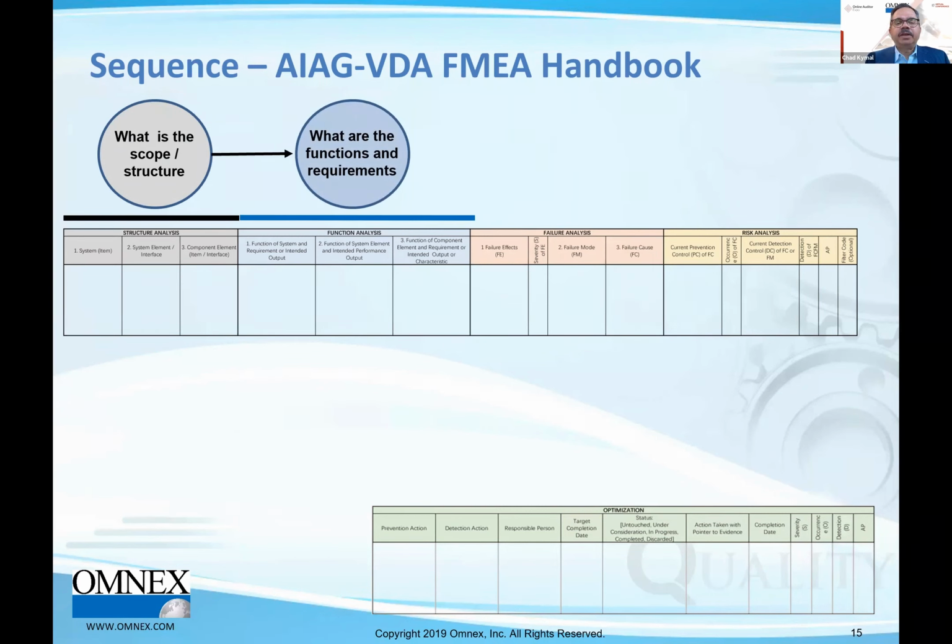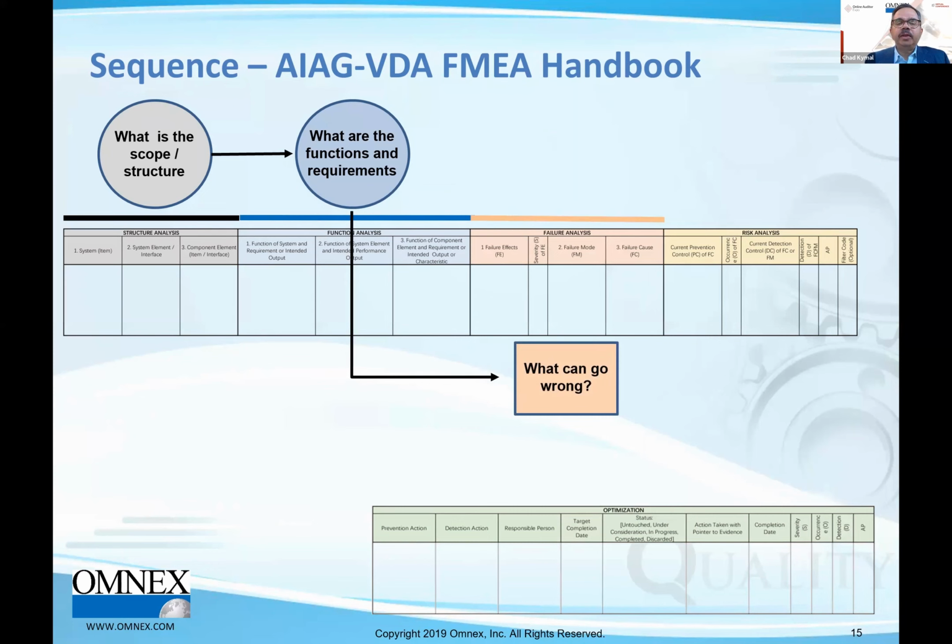You identify the functions and requirements of the higher level that flows into the focus level that flows down to the lower level. You can understand that, right? That it's a product and the functions and requirements at a higher level is supported by the focus level and then supported by the lower level. There's a functional flow down.